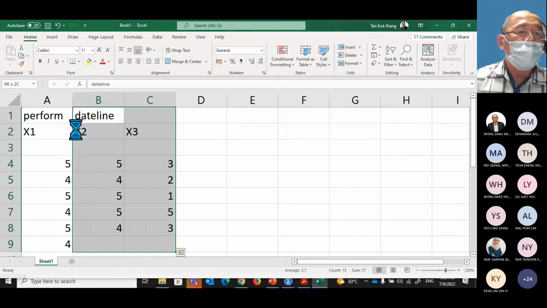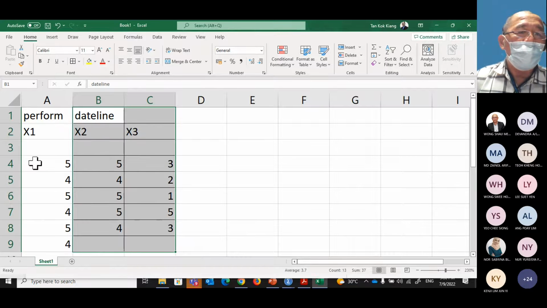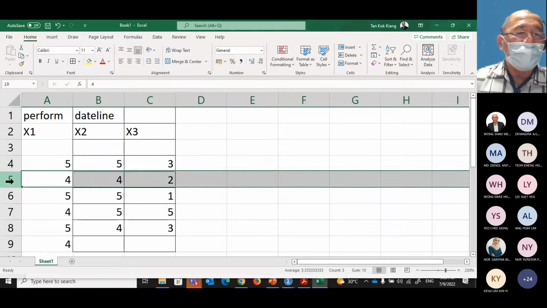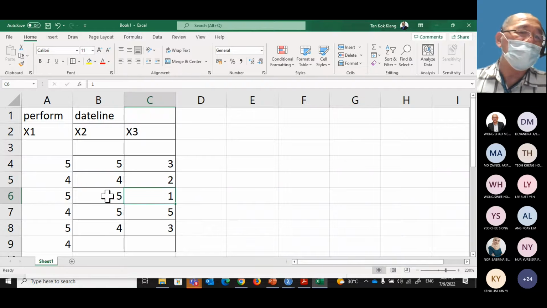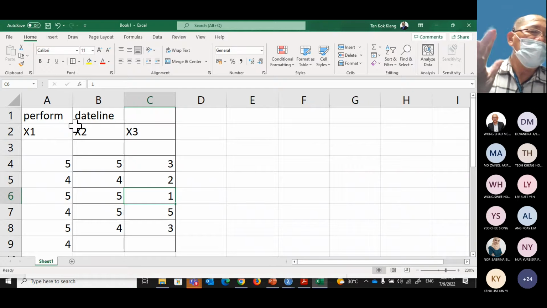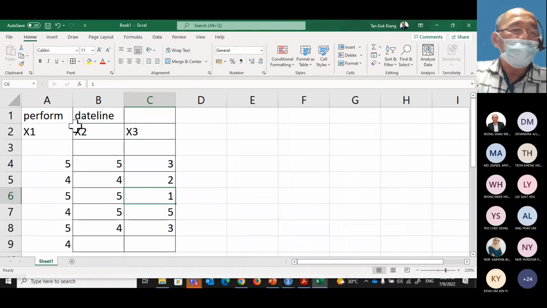Can you see? Employee 5 answers 4 and 2, sometimes 5 and 1 for a different employee. Because these two are different things, there is no common variance, not much correlation.